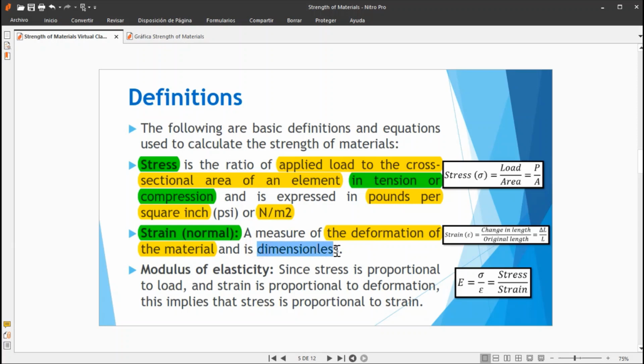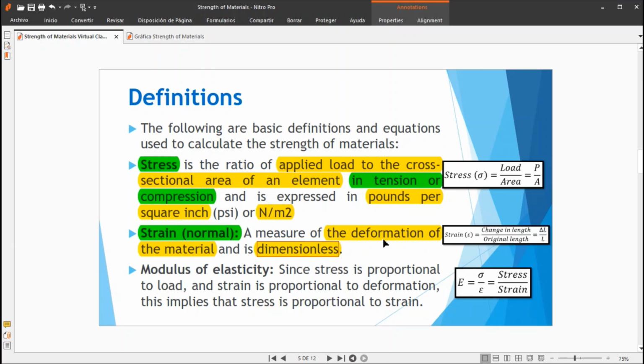That means that, for example, in stress, we have Newton per square meter. In strain, we don't have a measurement because we are defining length divided by length. Here we have the calculation. Look, strain is the change in length divided by the original length. We have delta L divided by L, or initial L. So that's the logic here, okay?